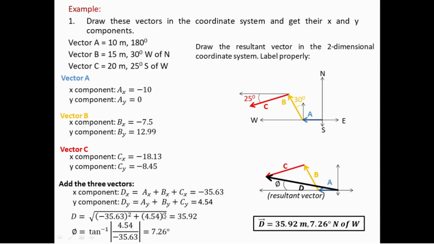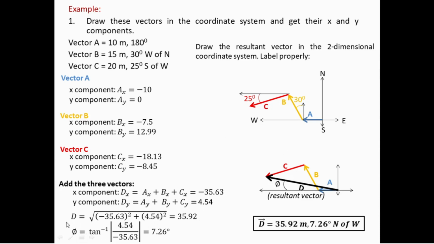Again, we have here an exponent of 2. So if you evaluate that one, that should give you 35.92 meters, which means that this resultant vector, the sum of vector A, B, and C, should have a magnitude of 35.92 meters. And how about its direction?